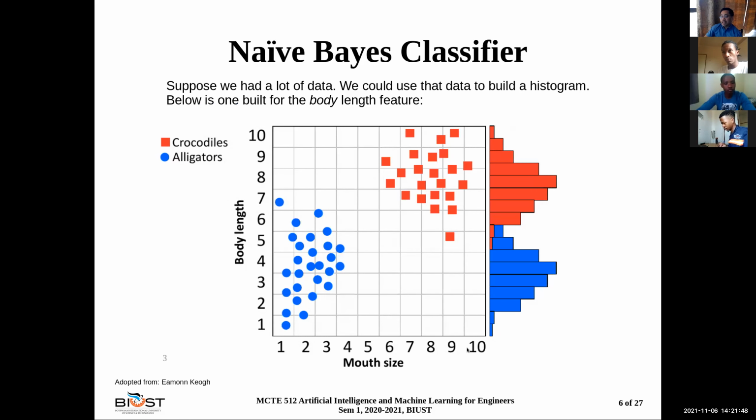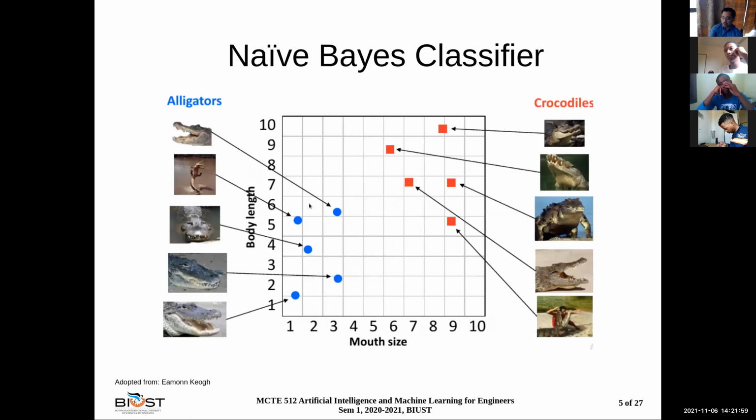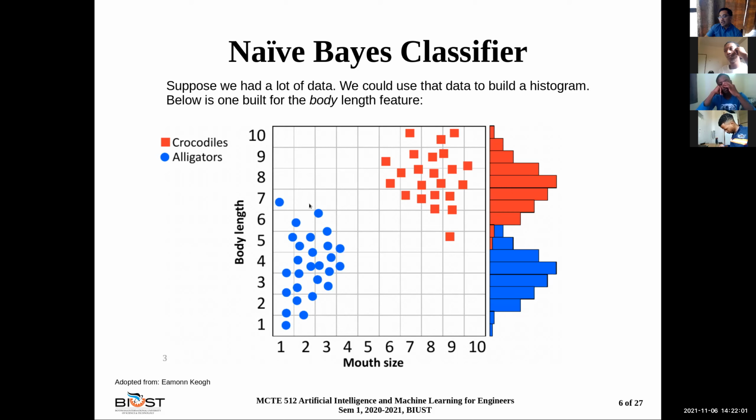So here we have a naive Bayes classifier. We get more information and plot the data. In terms of body length, based on the number of observations, you see a Gaussian distribution.